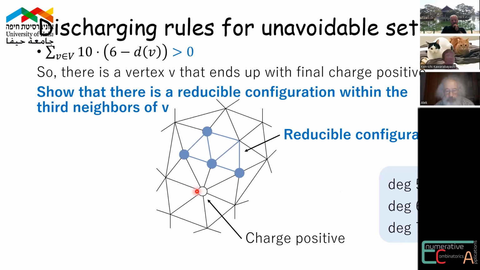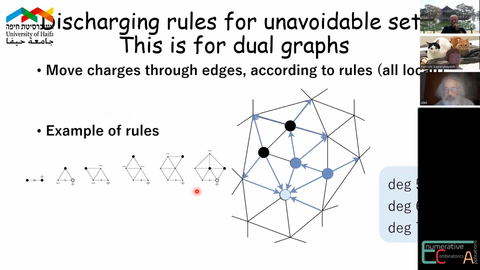But in order to do that, we have some rules. Discharging is quite easy. It's all local. You have a rule according to the edges, and for each edge you apply the rule. According to the rule, you send some charge.